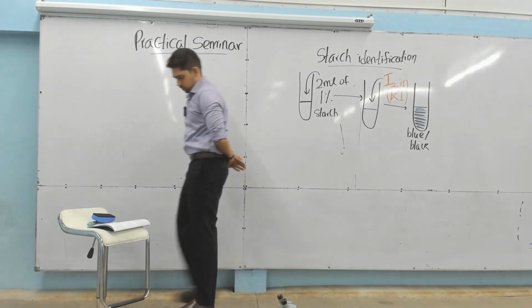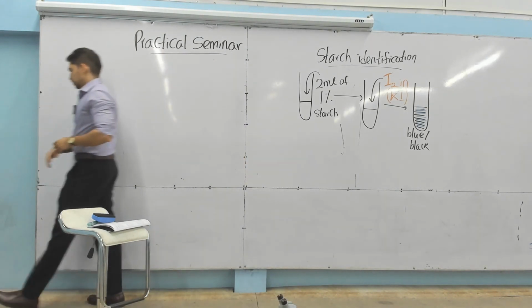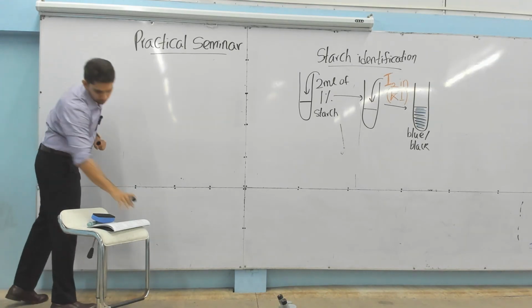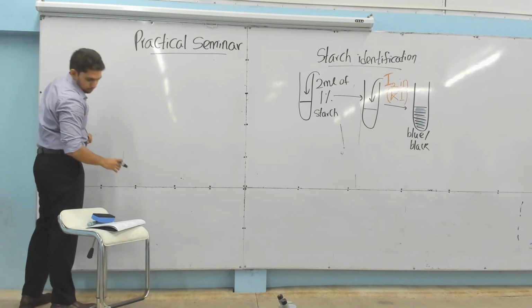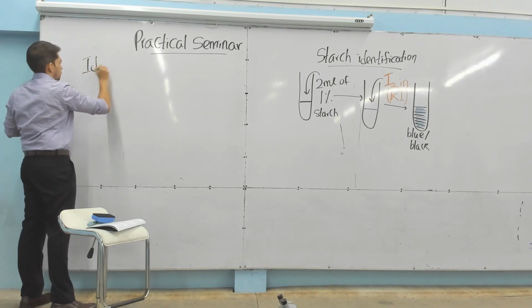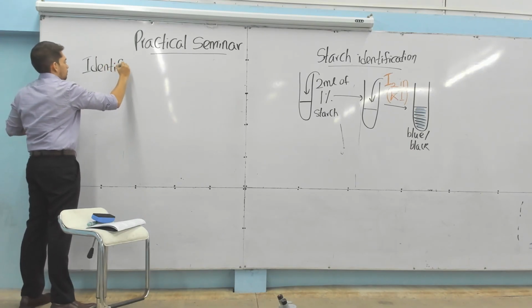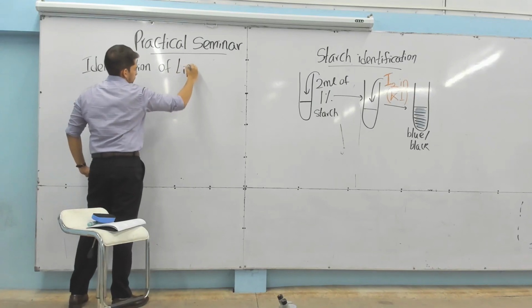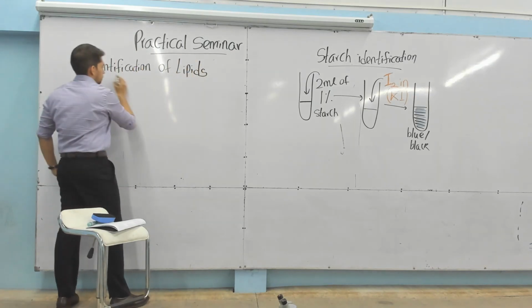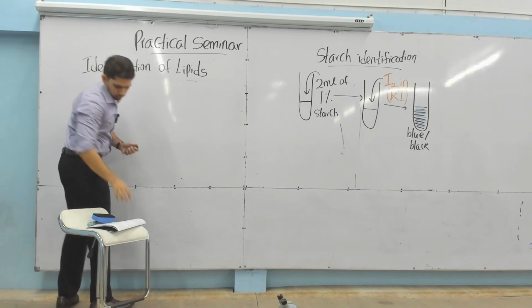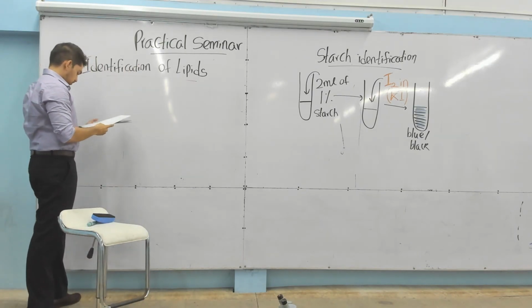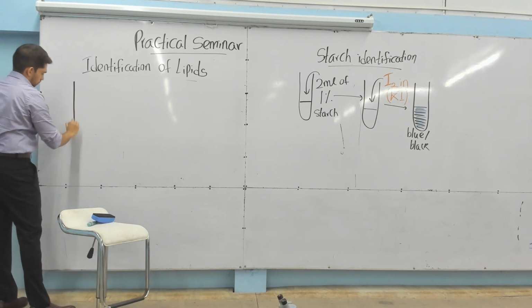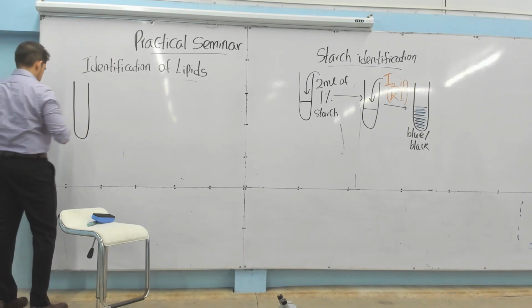Then Sudan 3 for identification of lipids. So how do you do that? You take some oil into a test tube.